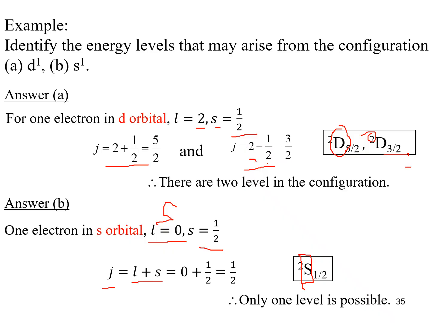The maximum value of J is L plus S, so the value is 1/2. We do not consider L minus S because then J will be a negative value. We have to take note that the value of the quantum number can only have a positive value. Therefore, one electron in s orbital only has one level, which is doublet S 1/2.